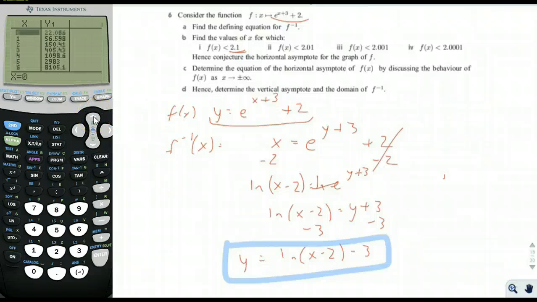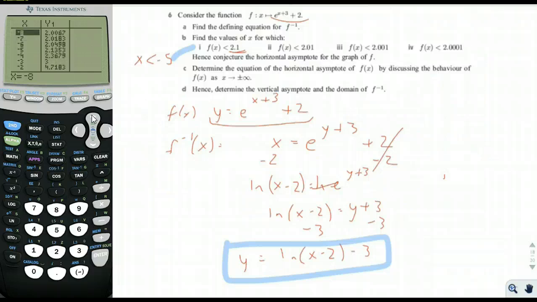And then if we look at the values, we're going to see that to get below 2.1, we go to, there we go. So like anything less than -5. So for this one it would be x is somewhere less than -5. And then they're asking when would f of x be less than 2.01?